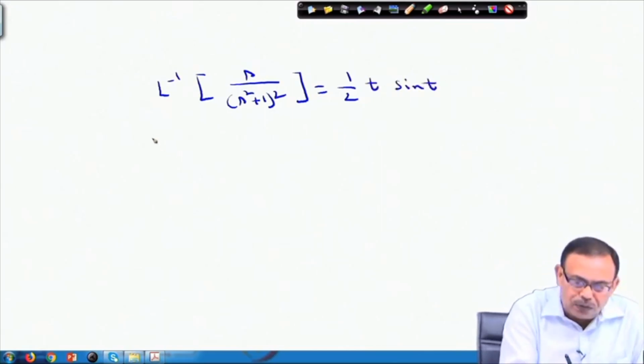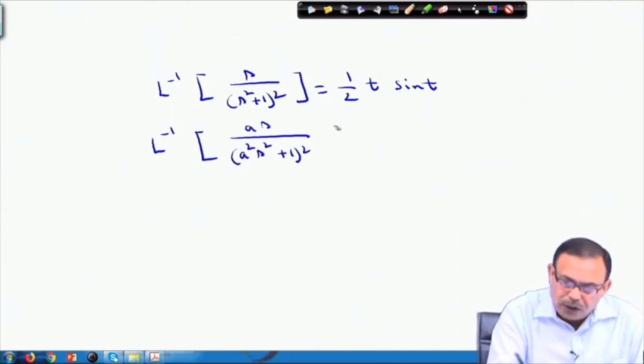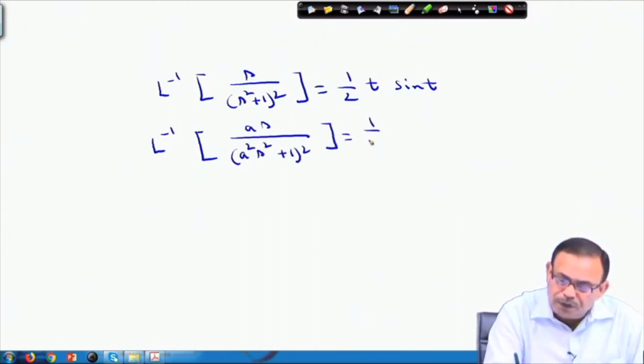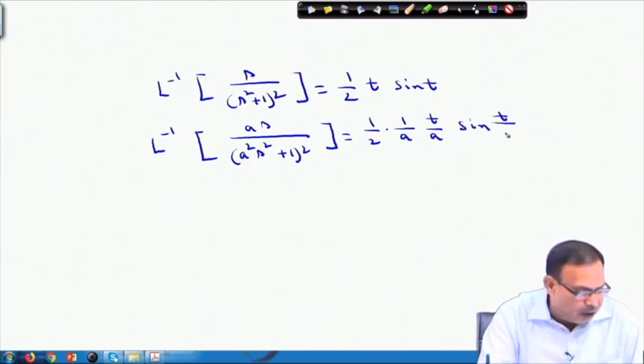This is known to me. Using the same property, the Laplace inverse of a s by (s square plus 1) whole square is equal to half into 1 by a, t will be replaced by t by a into sin of t by a.